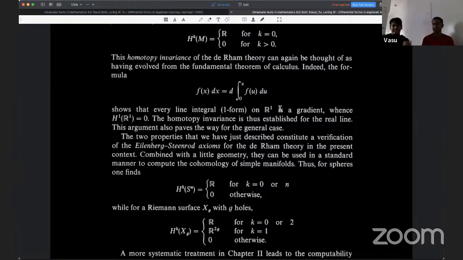If you have a path and you do a line integral along that path, the fundamental theorem of calculus tells you it doesn't matter how you perturb the path. What really matters at the end of the day is the topological data of where the path started and ended. As long as you're smoothly moving the path, and the one-form is well behaved enough, it just cannot detect those homotopy variations.